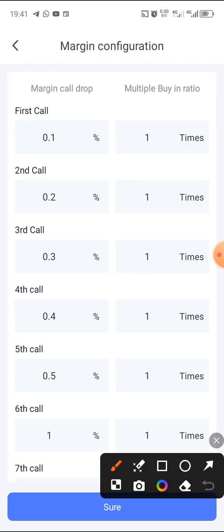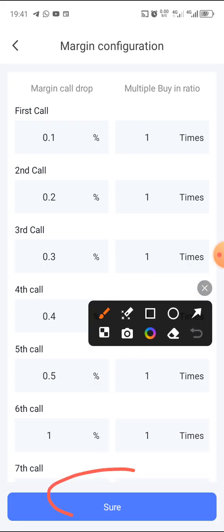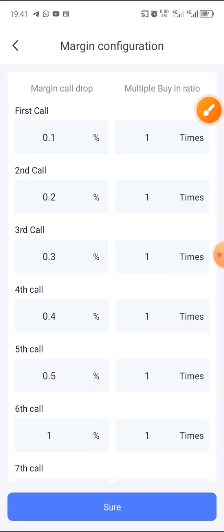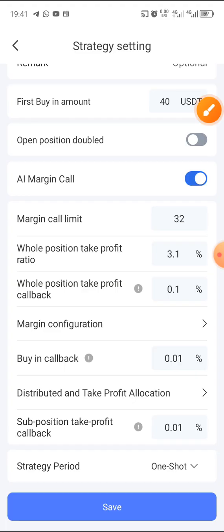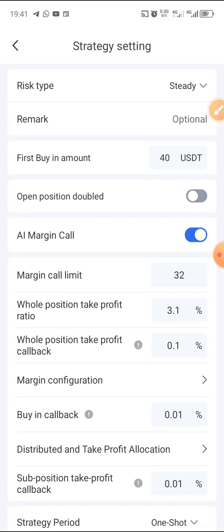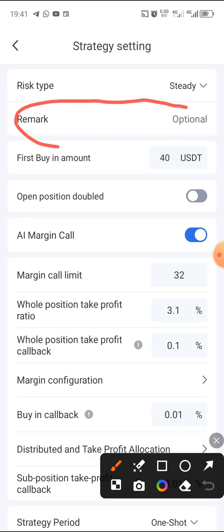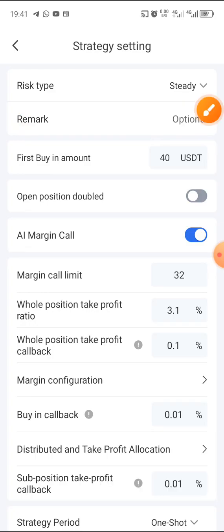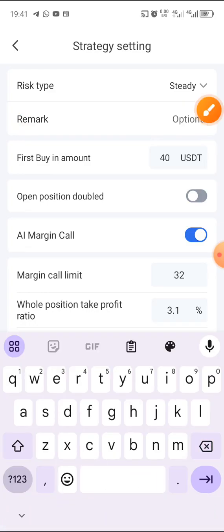So after there, come here, click on sure. Okay, so you come here on remark and you edit. How do you want to call this strategy?